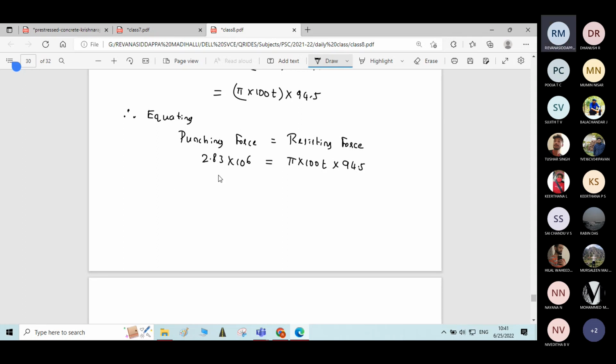Now you will get the thickness of the plate required. If you solve for it, you will get the answer as 95.32 mm. You can round it off to 95 mm or 100 mm.